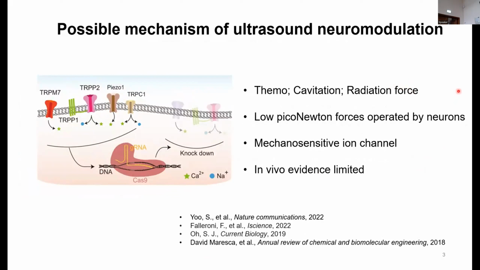We know that ultrasound could generate heat, cavitation, and acoustic radiation force while propagating its energy, but the acoustic radiation force has become a consensus more recently, especially with the finding that neurons could operate mechanical transduction with the force at the low piconewton level.